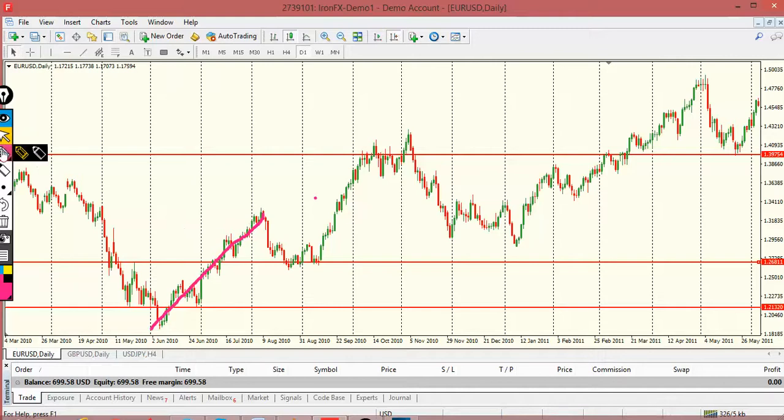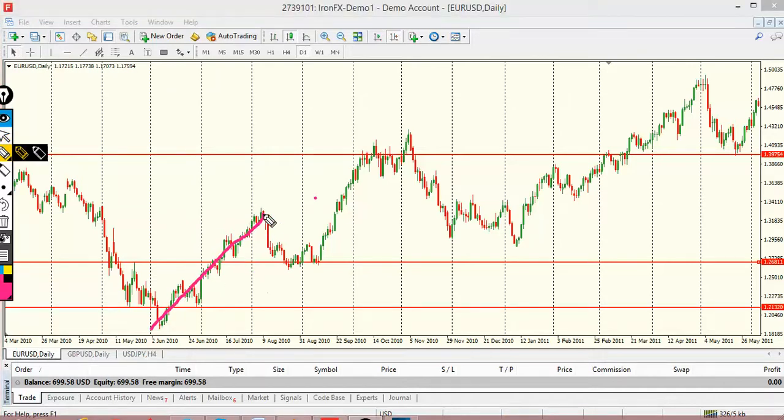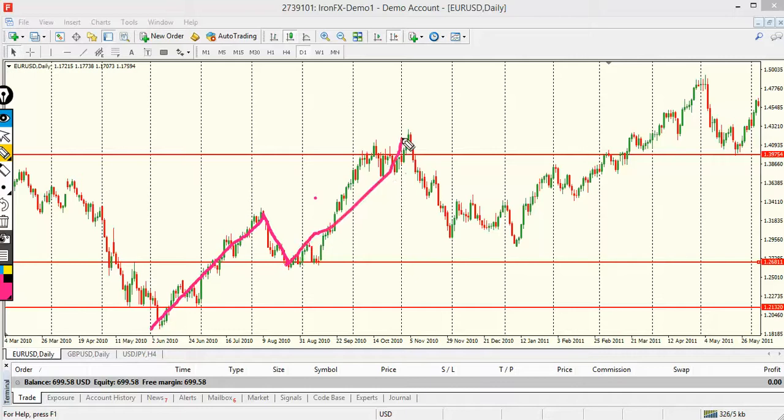So you realize that when it moved out here, up there, it came to find support here before moving up. So now we are in an uptrend. We have a lower high, higher high. Once this lower high, higher high forms, we are in an uptrend, and the market was pulling back.